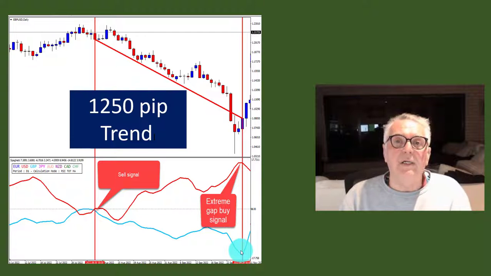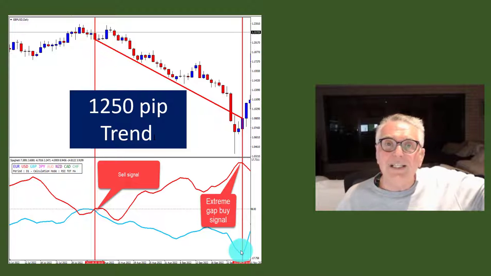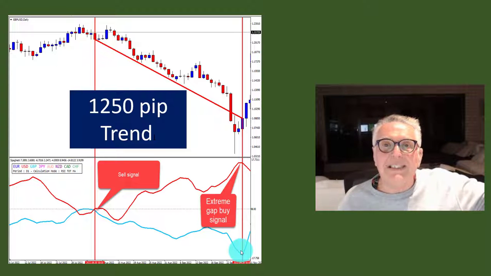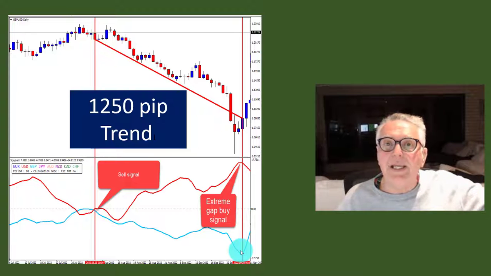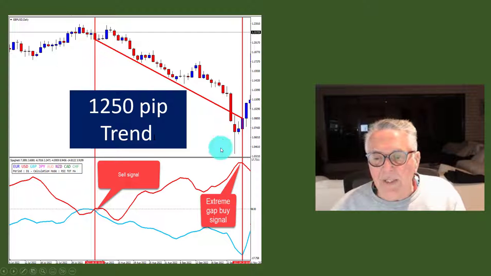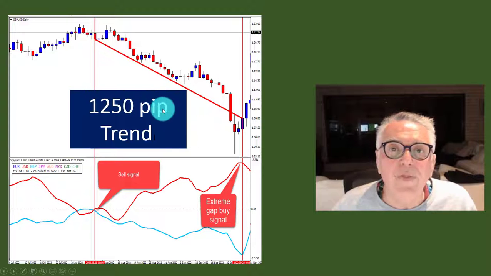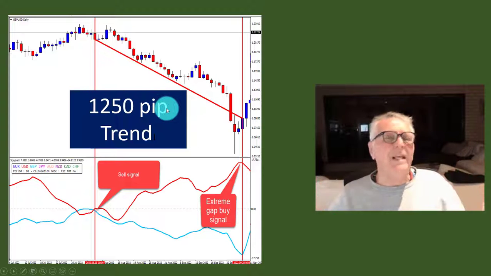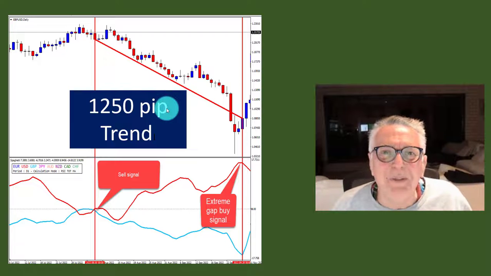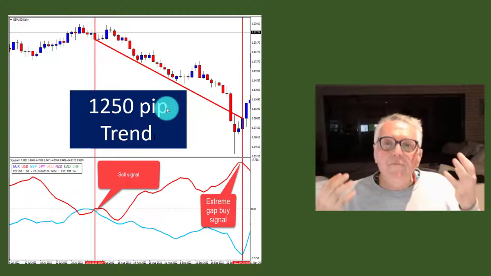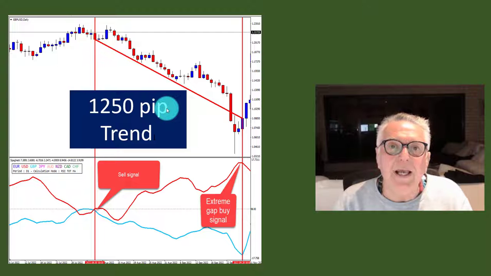That is a potential exit, because you're saying that extreme strength and that extreme weakness cannot last forever, so I'm going to get out of my deal. And that's exactly what happened here. There's the entry, there's the exit, it started reversing. That was 1,550 pips. Now that's a huge amount of pips using a very, very simple trading approach.